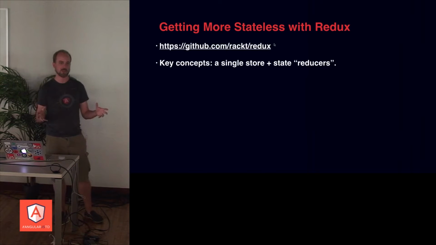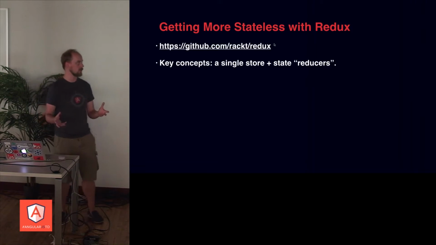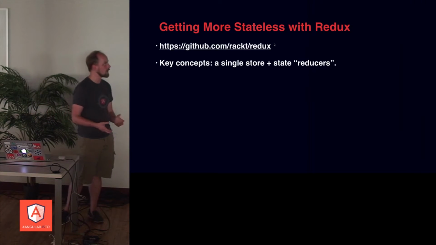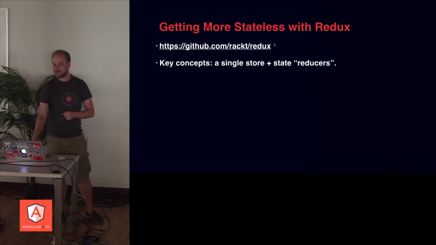You can have one place that just collects it all together. You can sort of think of it as a database on the client side. And changing that store is the job of a set of functions called reducers. And all reducers do is they listen to actions, and they decide how they're going to change the store for each action.